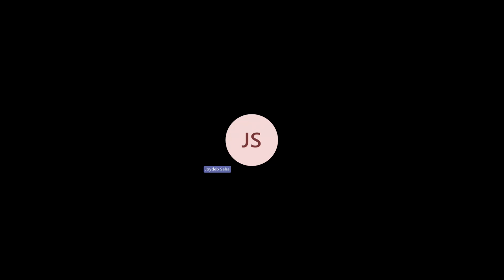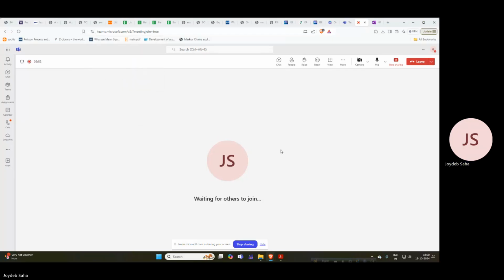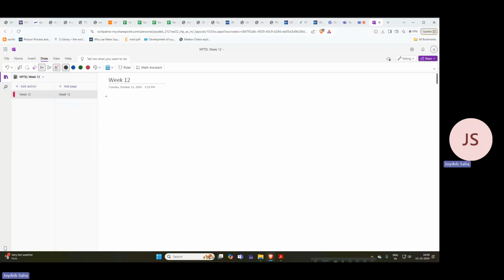Let us start today's discussion. Okay, so we will start with some examples of joint probability density.